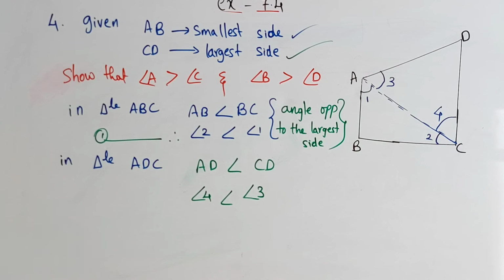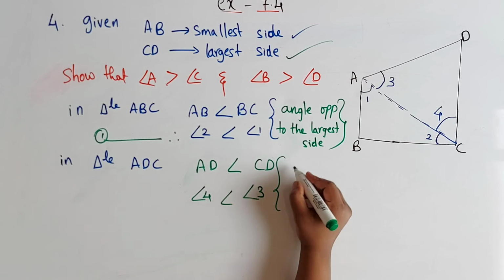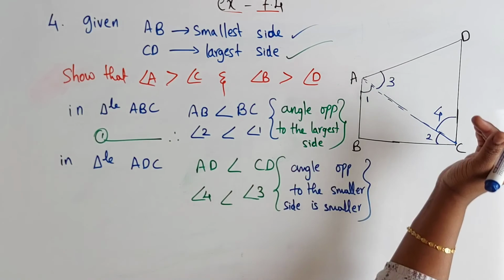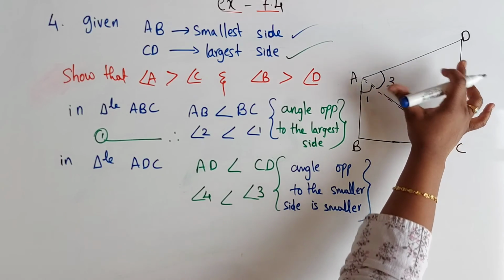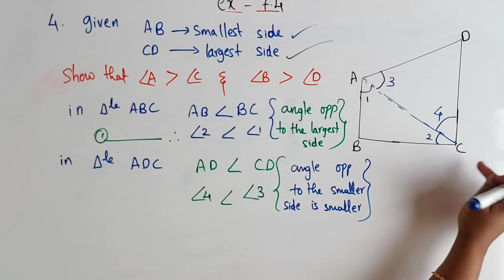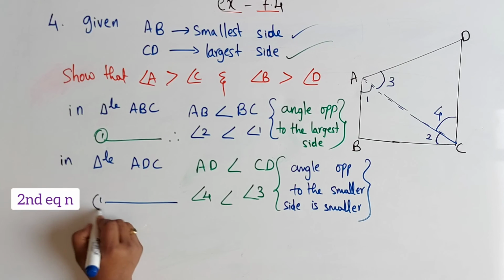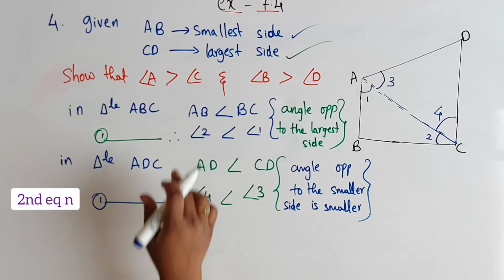Correct, children? So here also the same reason: the angle opposite to the smaller side is the smaller angle. Here the smallest side is AD, and the opposite angle, angle 4, is also the smaller angle. Correct, children? Now this is equation 1 and this is equation 2.